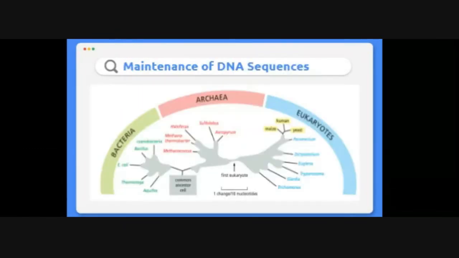So, first, let's look at the maintenance of DNA sequences. So, naalala nyo to sa lecture 1, right? Ito yung tree of life. And we have discussed in our previous lecture that genetic changes throughout the tree of life gives every living organism some kind of variation, right?